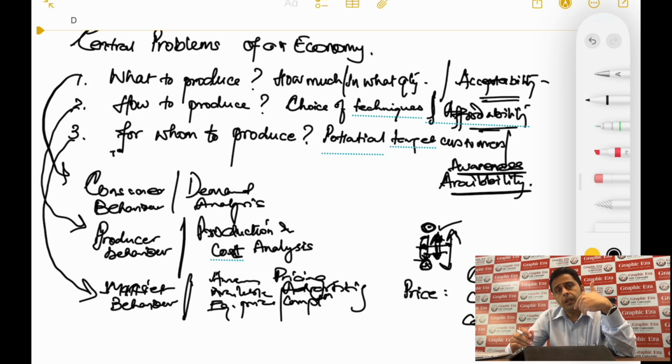Competition determines, again, the level at which you will be able to price your product. For example, if there's greater competition, you might have to advertise, differentiate your product, bring in certain innovations which might add to the cost and which might also lead to a higher price.